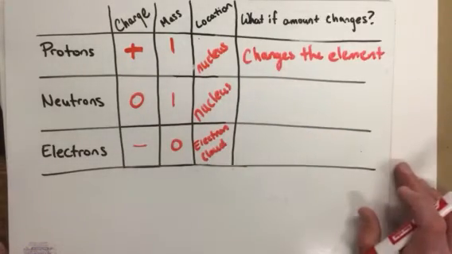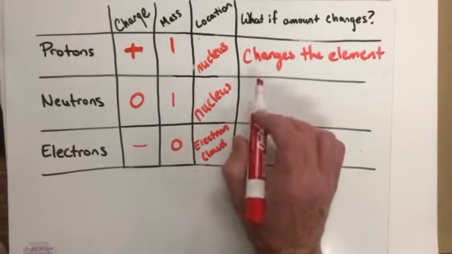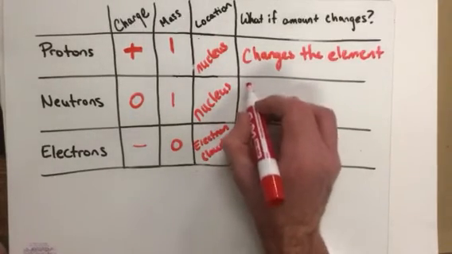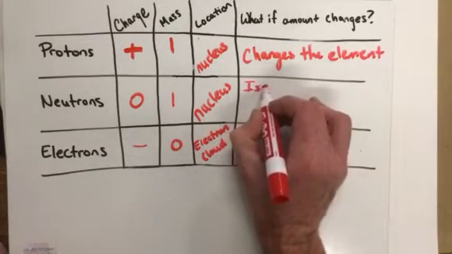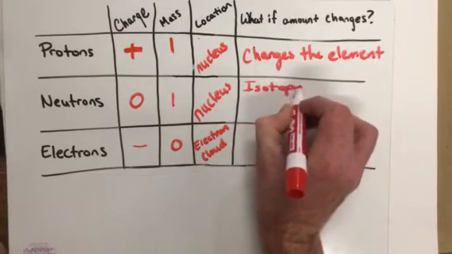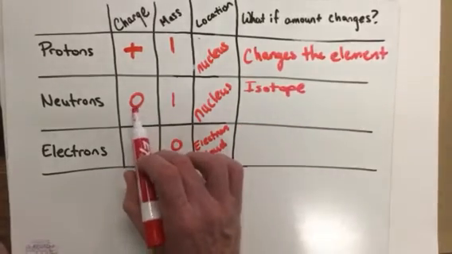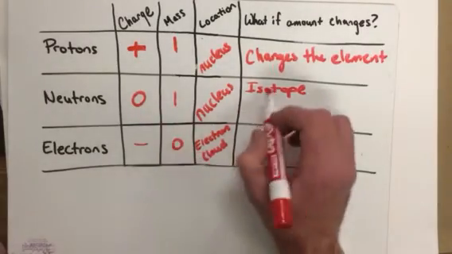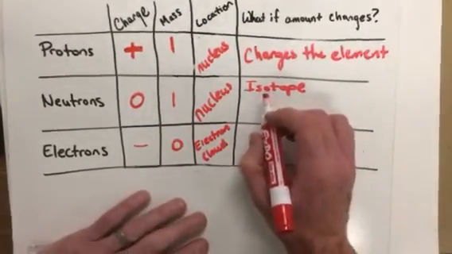Okay. Neutrons. That is going to lead to a special kind of atom called an isotope. But it's not good enough just to say isotope. We've got to say what does that do? Well, it's not going to change the charge any, but it is going to change the mass of whatever element we're talking about.